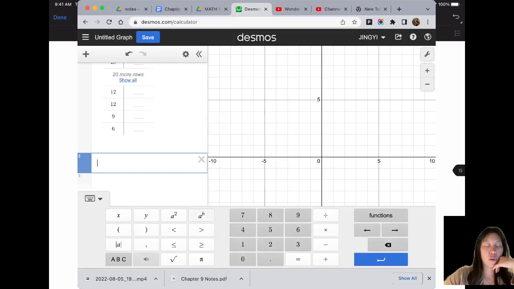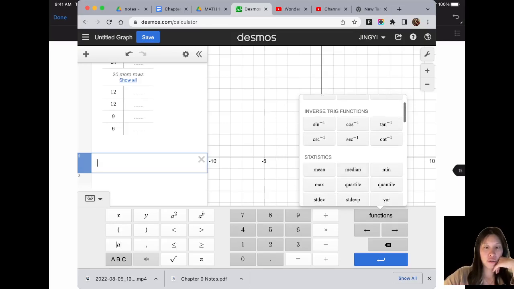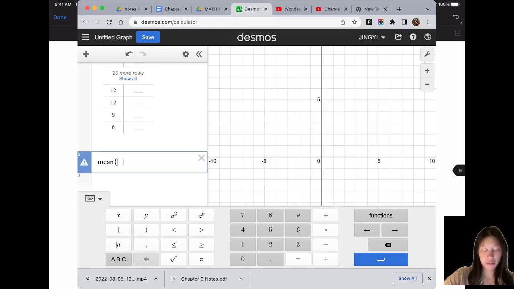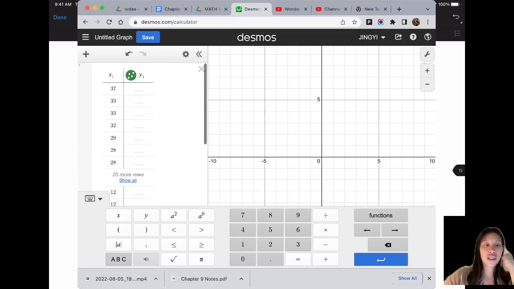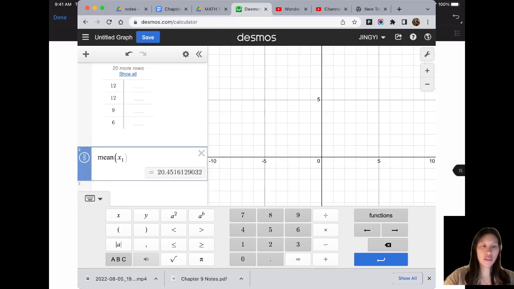Choose show the keyboard, and then there's a function, pick function, and then choose statistics, mean. Since the name of the data is called x1, you want to find the mean of x1, and then it will show you here 20.145. You can round it to two decimal places.